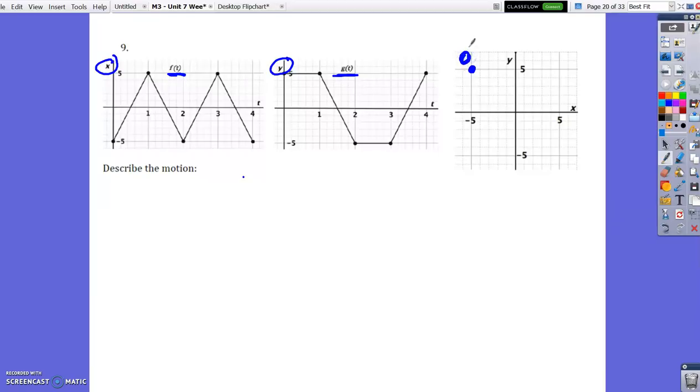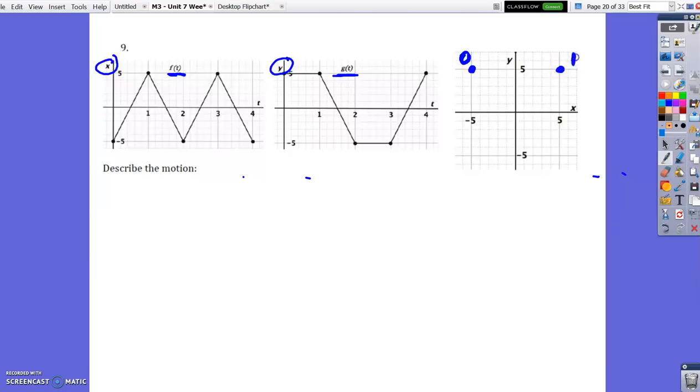And so just like yesterday when we were graphing that cursive B, we are going to be creating a dot to dot based on what we see in this picture. So x goes from -5 to +5 and is increasing. As it moves from -5 to +5, that means it's going right. And so at time 1, x is at 5 and y is still at 5.